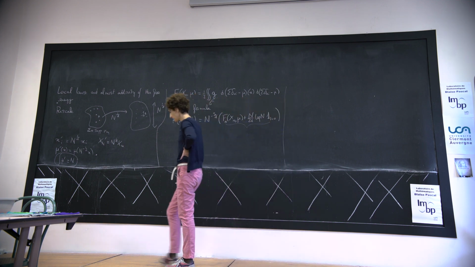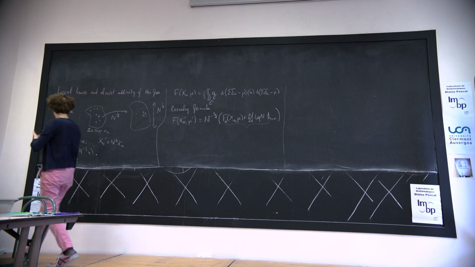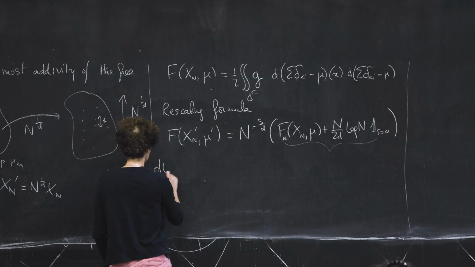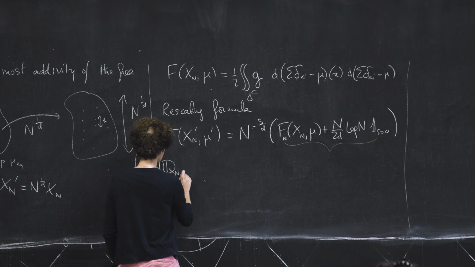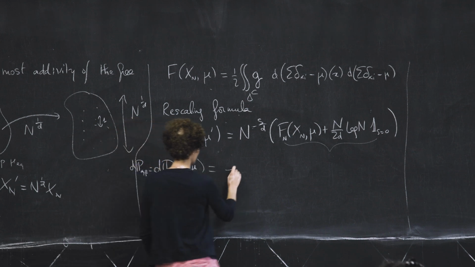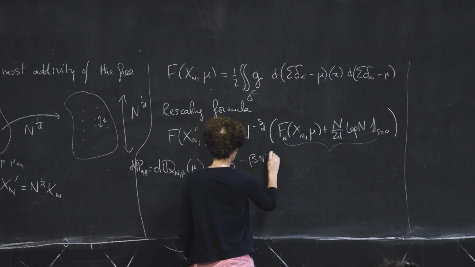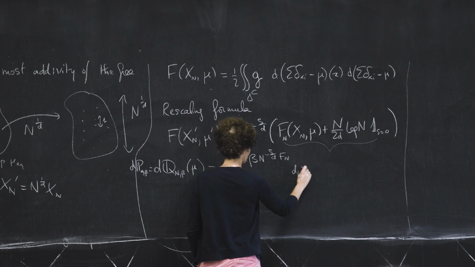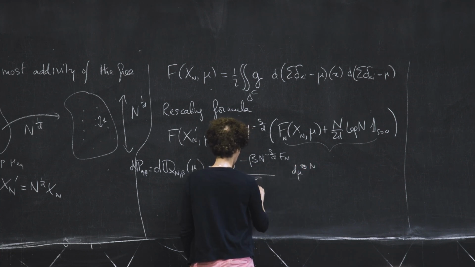Okay, so with that, when we had the Gibbs measure, we reduced it to P equal to e to the minus beta n to the minus s over d F_n, divided by K_n beta of mu.